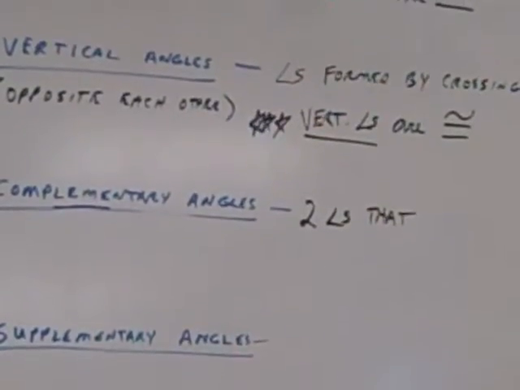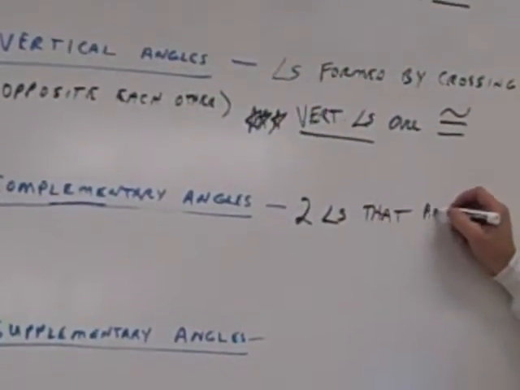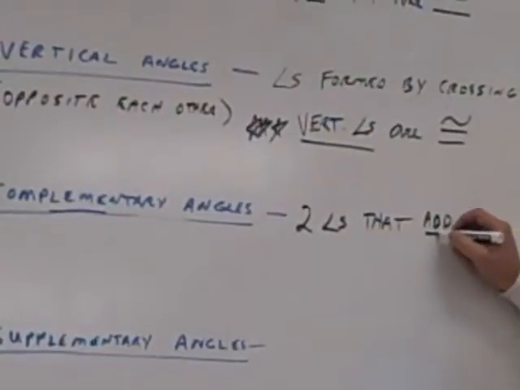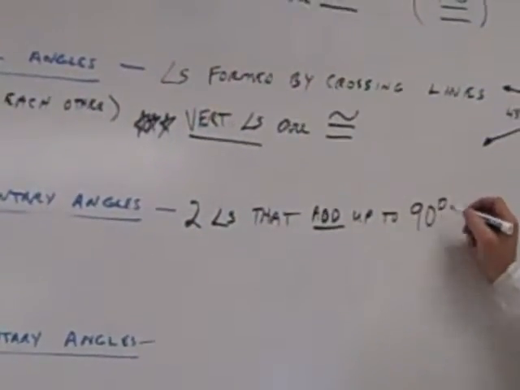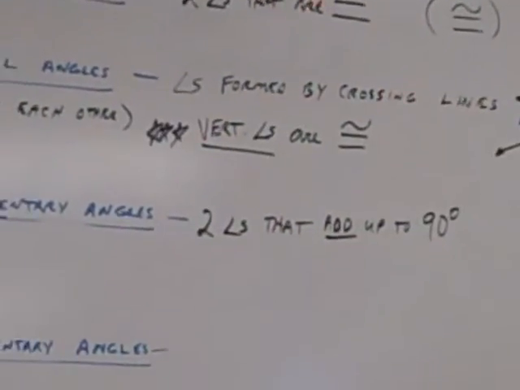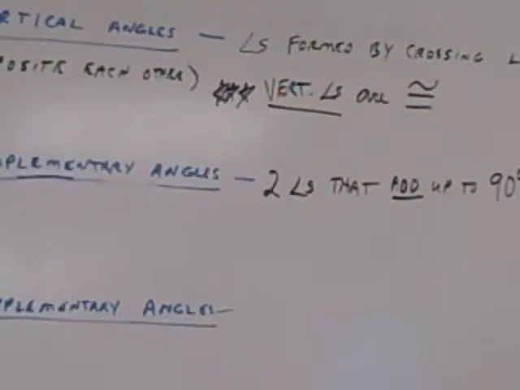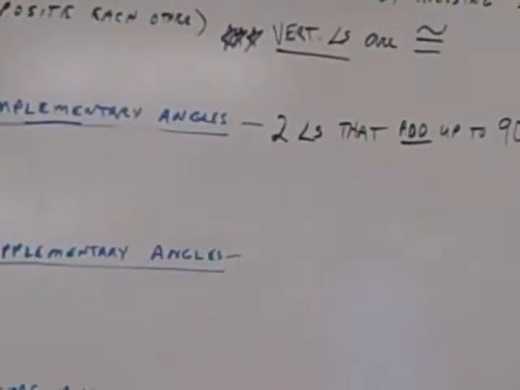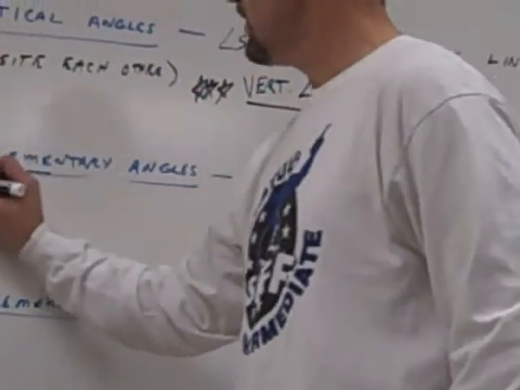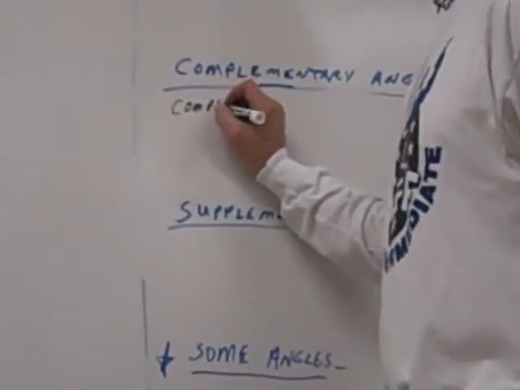Complementary is two angles that add up to 90 degrees. You're going to abbreviate complementary from now on. "Comple."